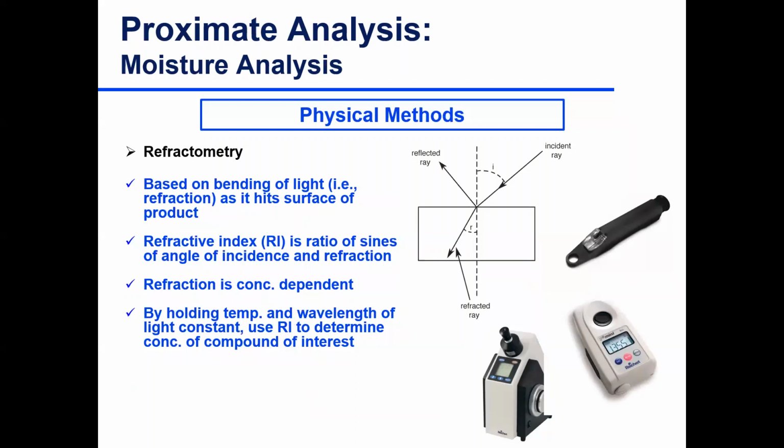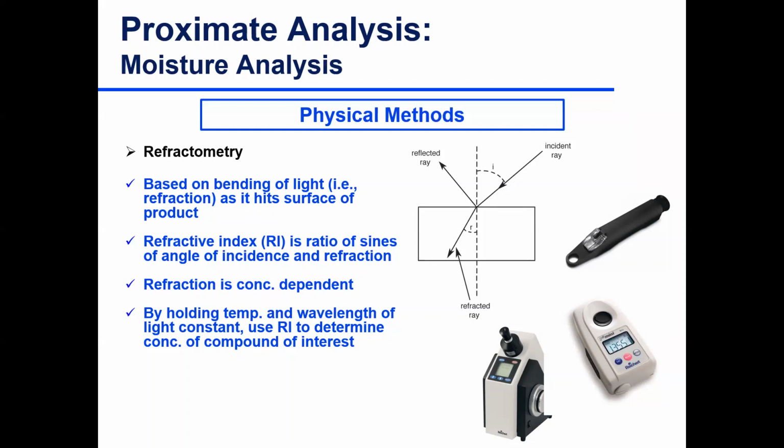Refractive index is based on bending of light at the surface of the product. Again, you may be familiar, having used this in one way or another. Look at refractive index, how much it refracts as light goes through the liquid. But again, it's a very simple way.